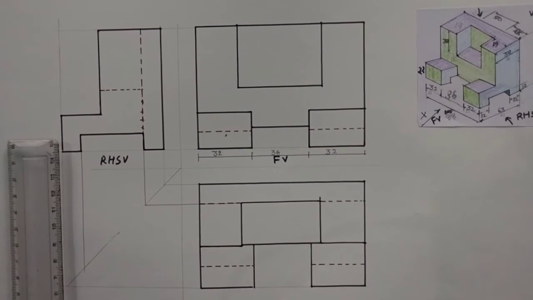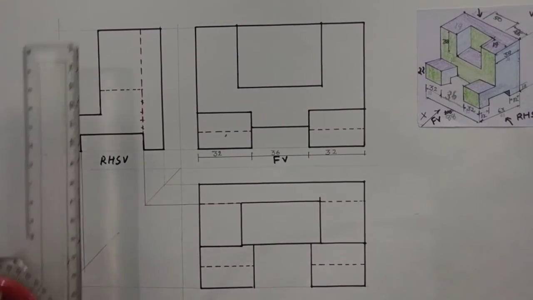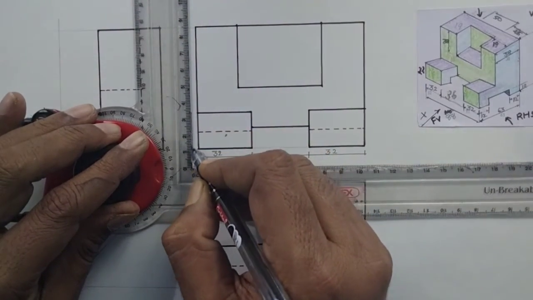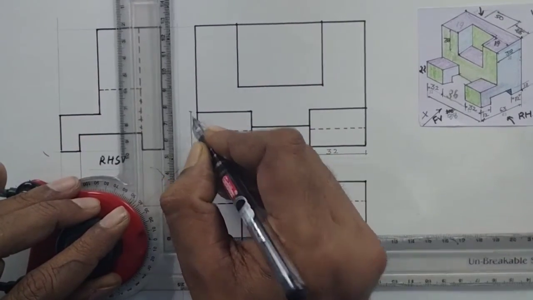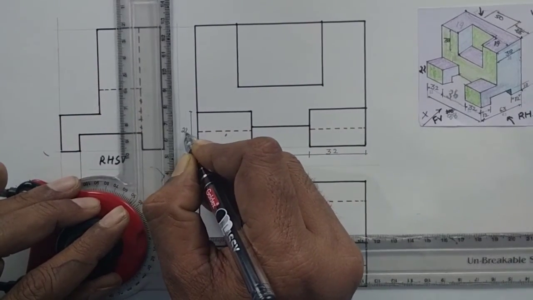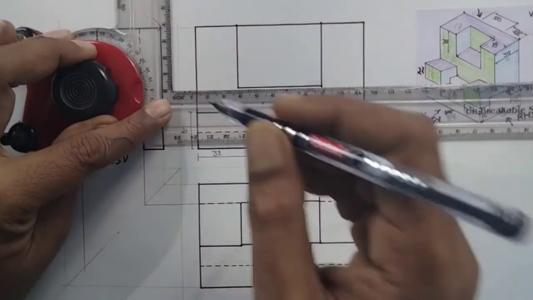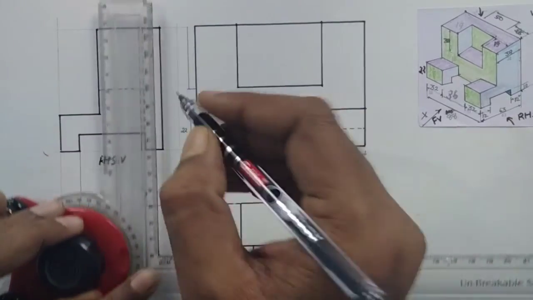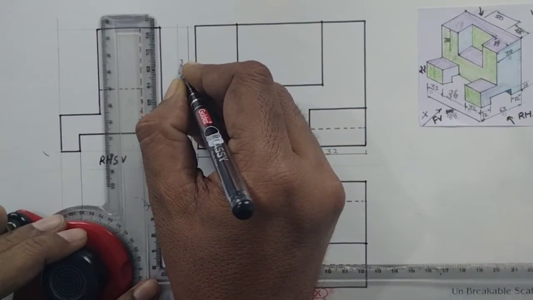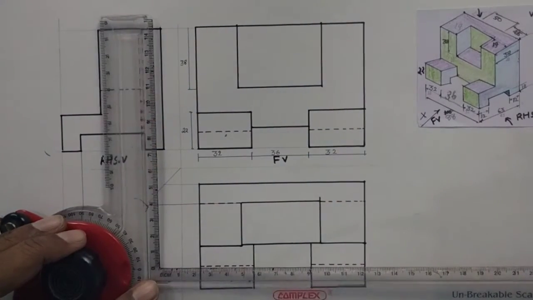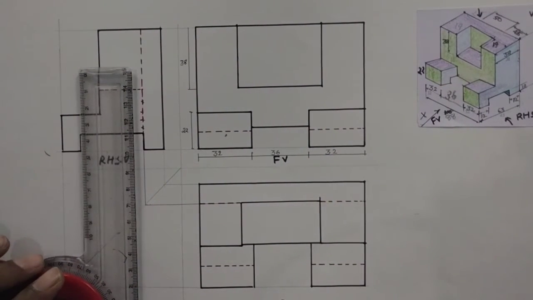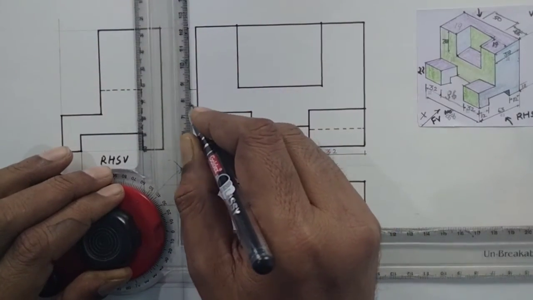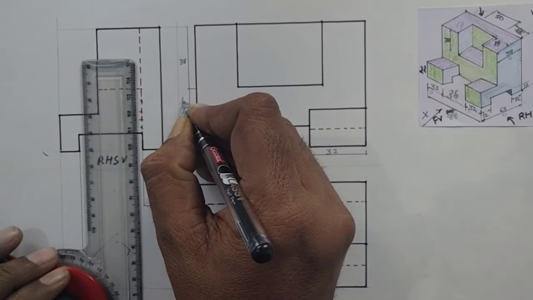So the entire length is represented as 100 mm, and you can show the height of this step, it is 22 mm. The height of this part is 38. So it is almost 50, 60, and the remaining 15 mm. So it shows the full height of 75 mm.